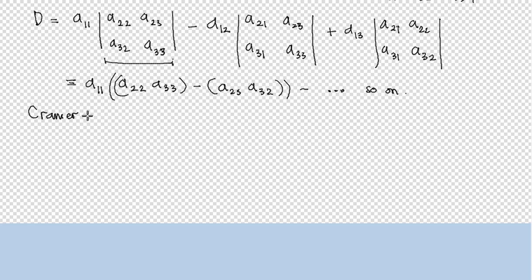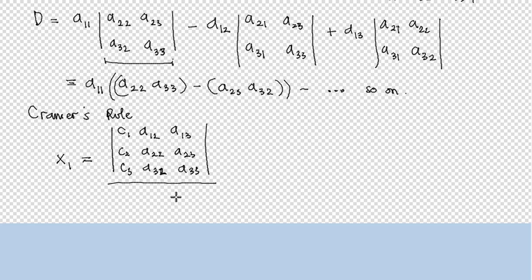Cramer's rule says that x1 is the determinant of C1, A12, A13, divided by the determinant.